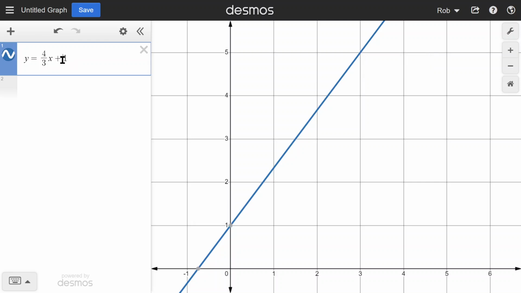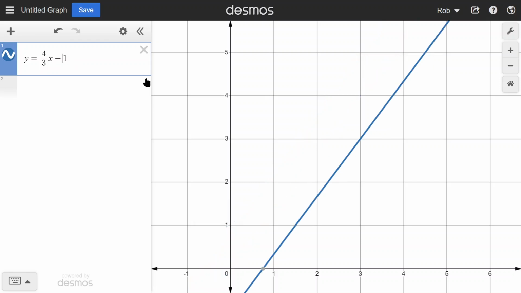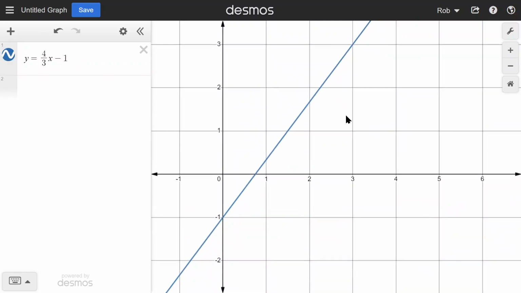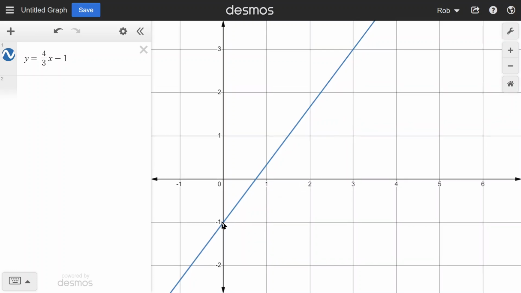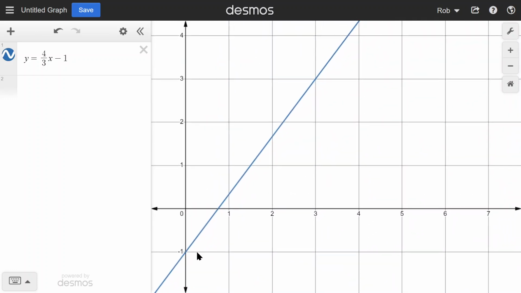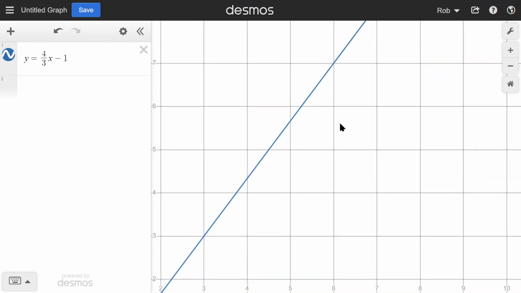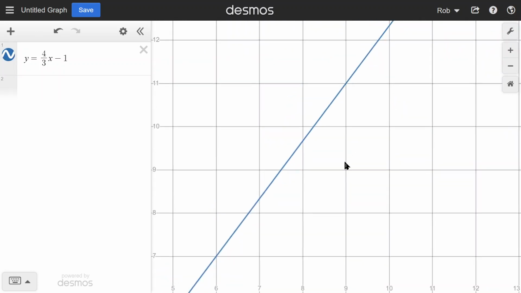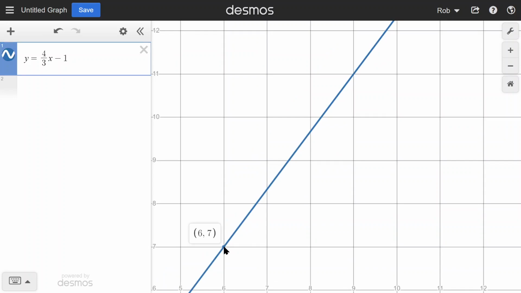And if I turn this into minus 1, I move it down so you can see it. If I start there, I can go across 3, from minus 1, across 1, 2, 3, and up 4 corners, 1, 2, 3, 4, and I'm up to there. The interesting part is I can go anywhere on the graph, like right up here somewhere, and that point is 6, 7.